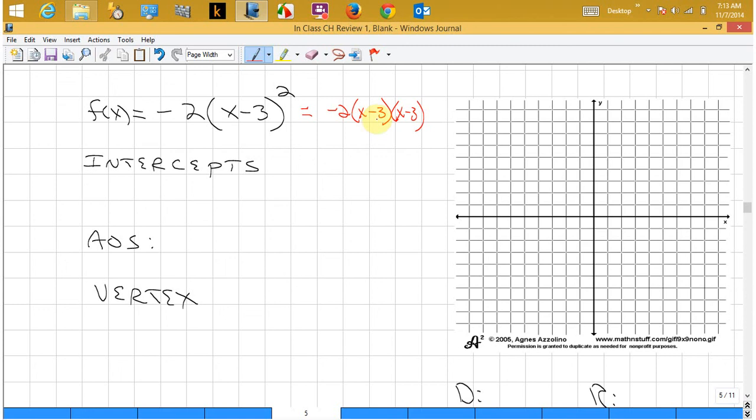And then I have two intercepts, but they're both at the same point, where x would be equal to 3. And then we would have to plot it slightly different. But the best way to do this one is just to look at it and say, okay, I don't like the way intercept form looks. It's going to be a little bit hard to plot since I only have one intercept. It's the same point for both of those. And so I'm just going to plot it in vertex form, which we did above. Okay.